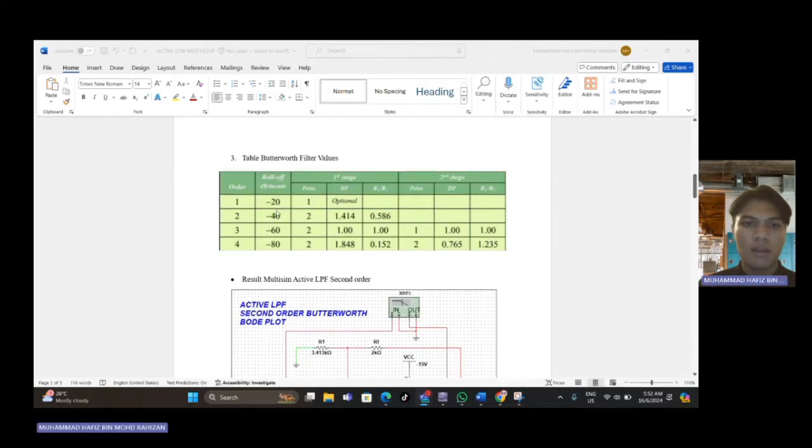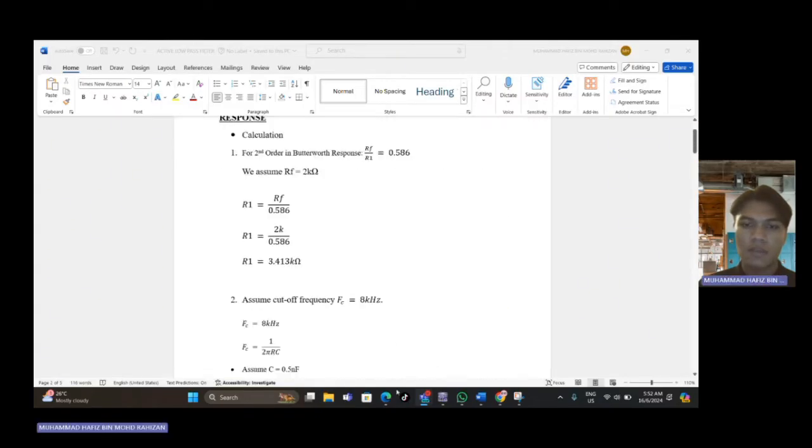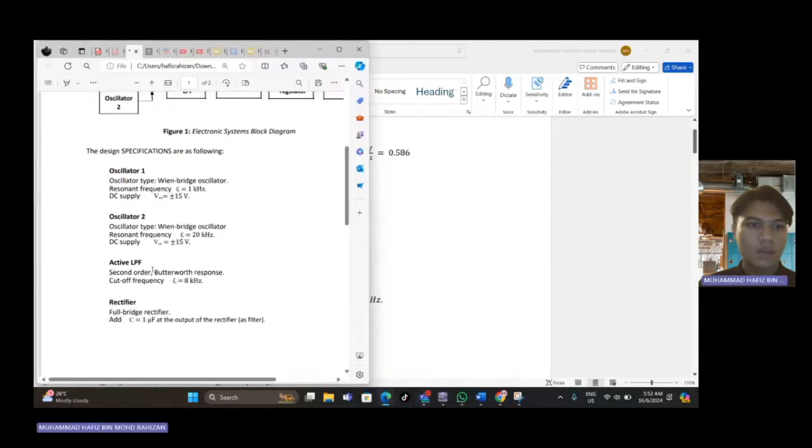Refer to this table for the second order, minus 40. So refer to R1 divided by R2, 0.586. So from the question, the active filter Butterworth response has a cutoff frequency FC given as 8 kilohertz.